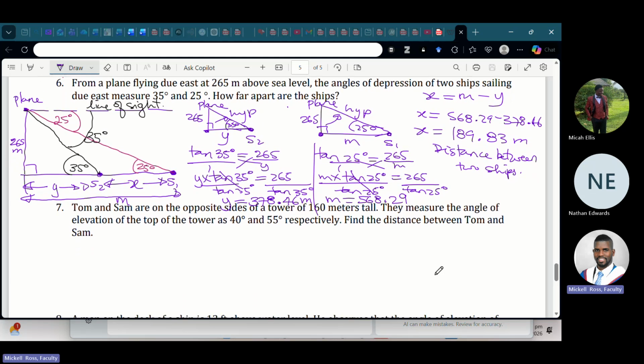All right, if not, I'm just going to give you a few minutes to make an attempt at question 7, and then we check on it to see if we're on the same track. So take a few minutes, look at question number 7, and then I see what you come up with to see if we're on the same track. Excuse me a brief moment.